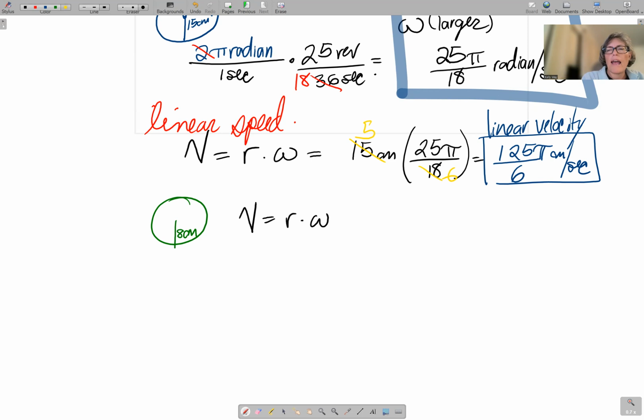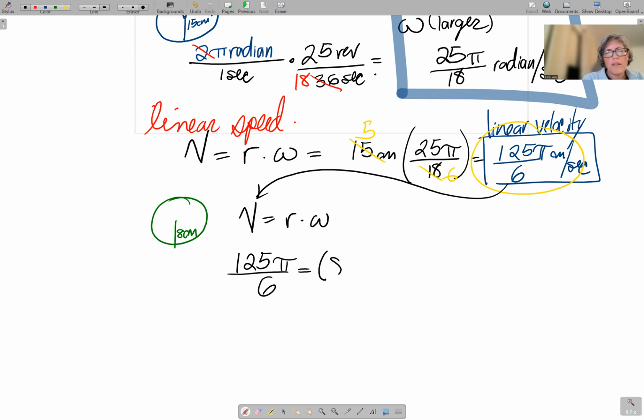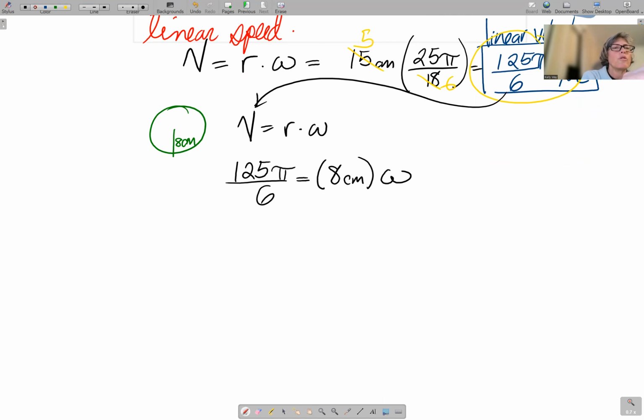So we have the linear. I'm going to bring it over here. 125 pi over 6 equals our radius that we want is 8 cm, and we're trying to find the angular speed of the smaller one. So we simply divide by 8.